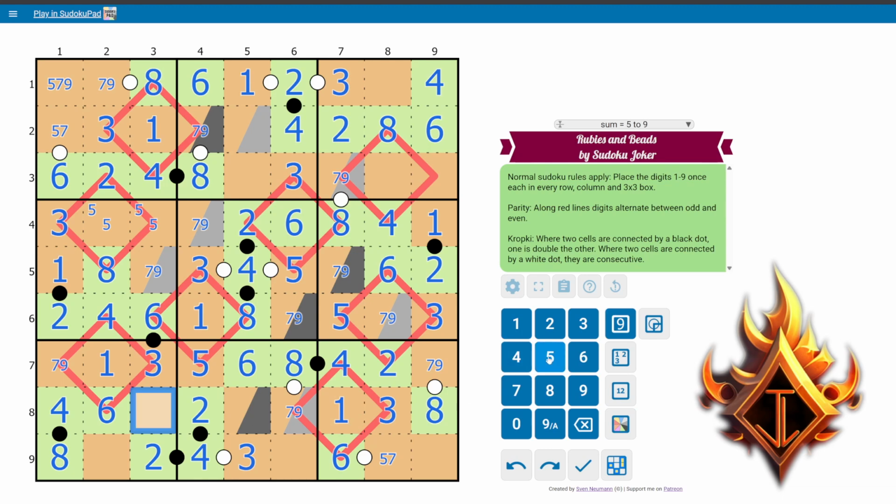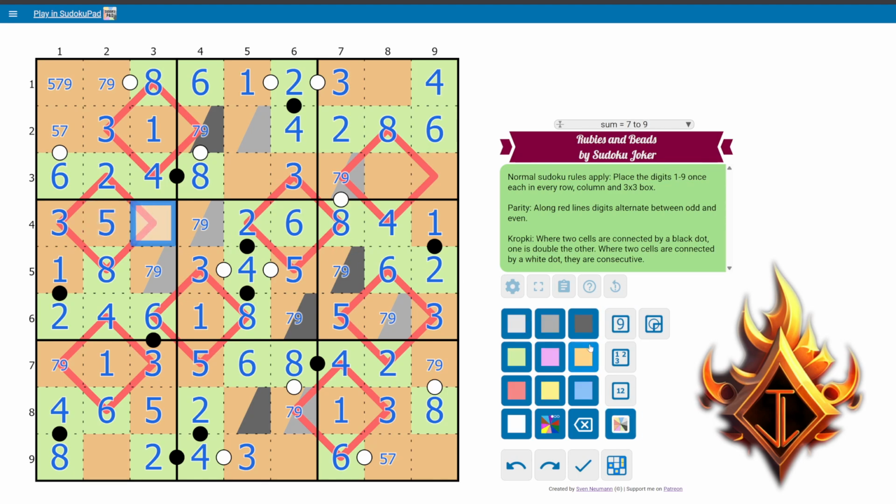This one must be 5, because those are 7, 9 combo. Now 5 is down there. Five is here.